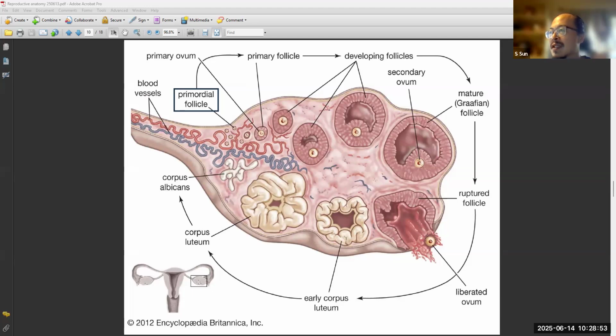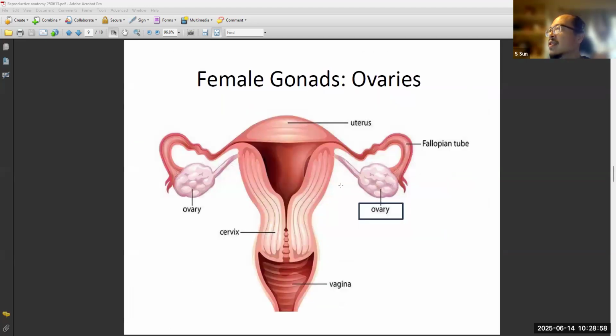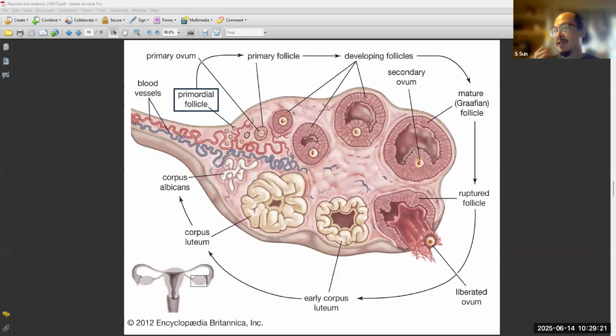This ovary has a ligament to attach it to the pelvic wall, and so blood vessels will come in from the aorta through this ligament, this tube entering into the ovary. And so here you have that blood vessel coming into the ovary.